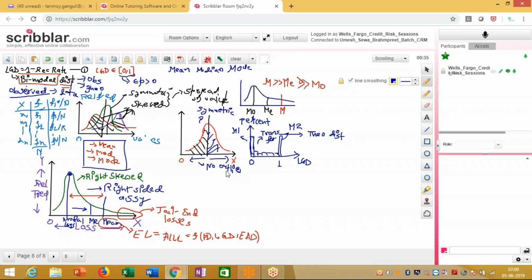So, one of the biggest advantages of having a symmetric distribution is that you know that there are no outliers in your data. More than outliers, you know that the heterogeneity in your data is nearly zero. When I talk about outliers, the entire idea is that the heterogeneity in the data tends to zero.